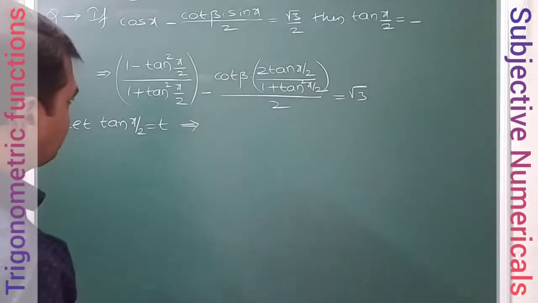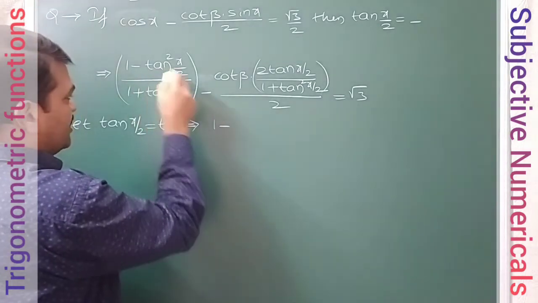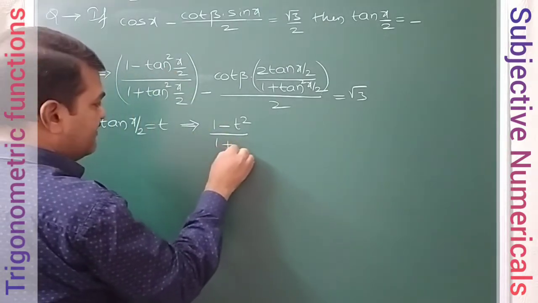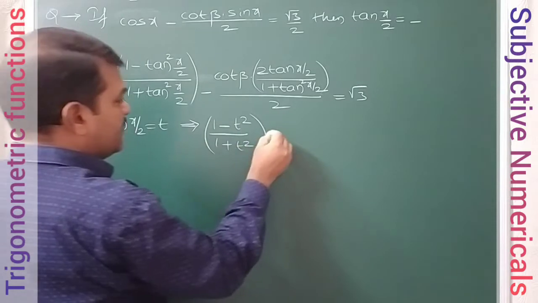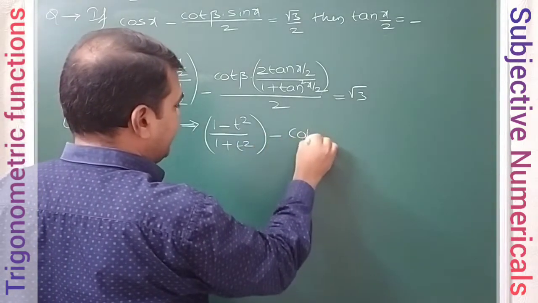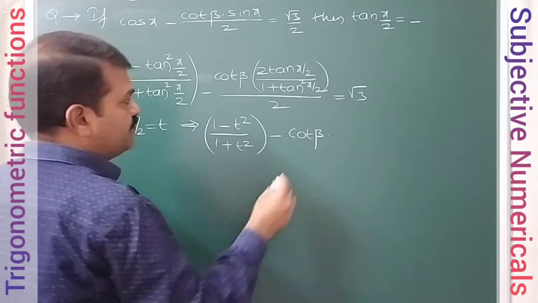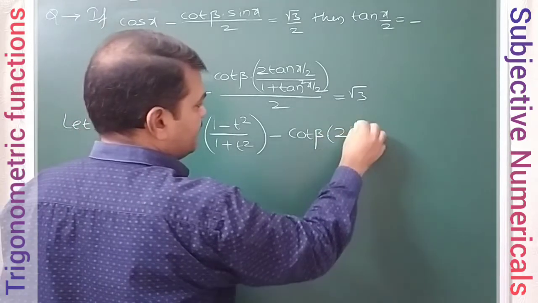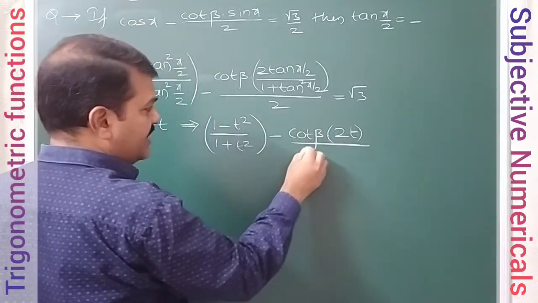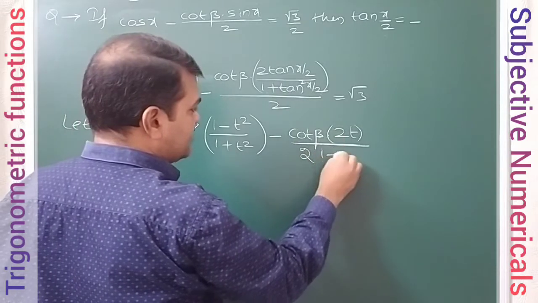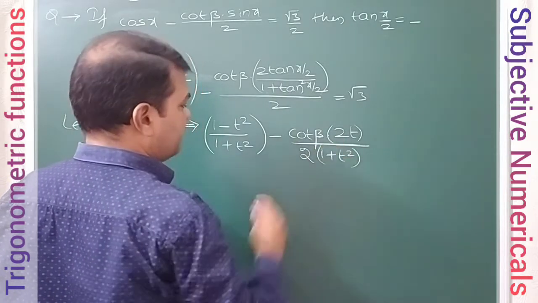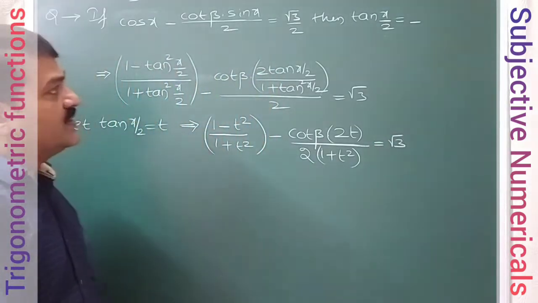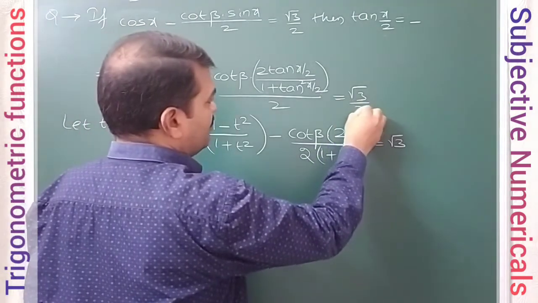So the given equation now is 1 minus t square by 1 plus t square minus cot beta into 2 tan x by 2, that means 2t, by 1 plus t square. This is equal to root 3 by 2.